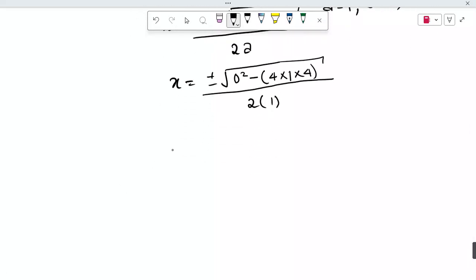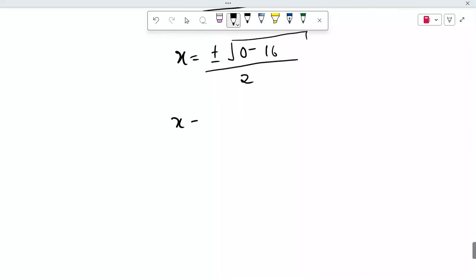So x equals 0, you can write it for completeness' sake but it doesn't really matter, plus or minus the square root of 0 squared, which is 0, minus 4 multiplied by 1 multiplied by 4, which is 16, over 2.